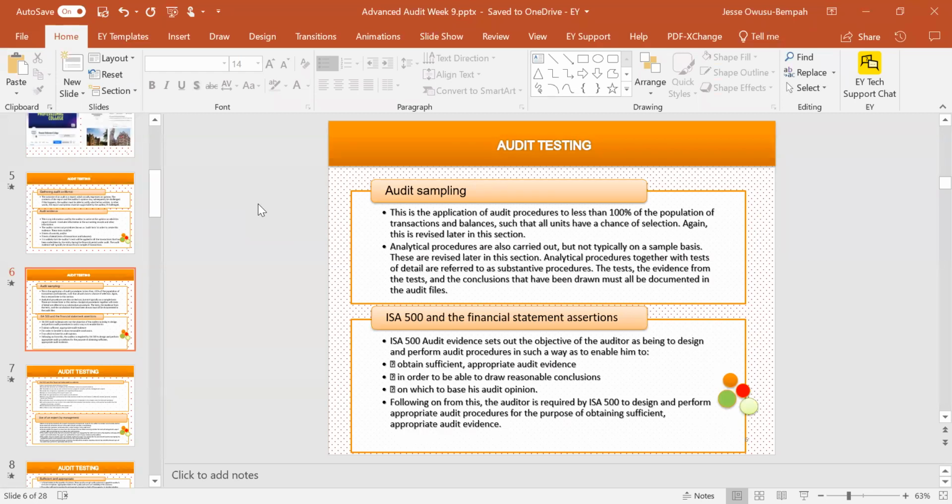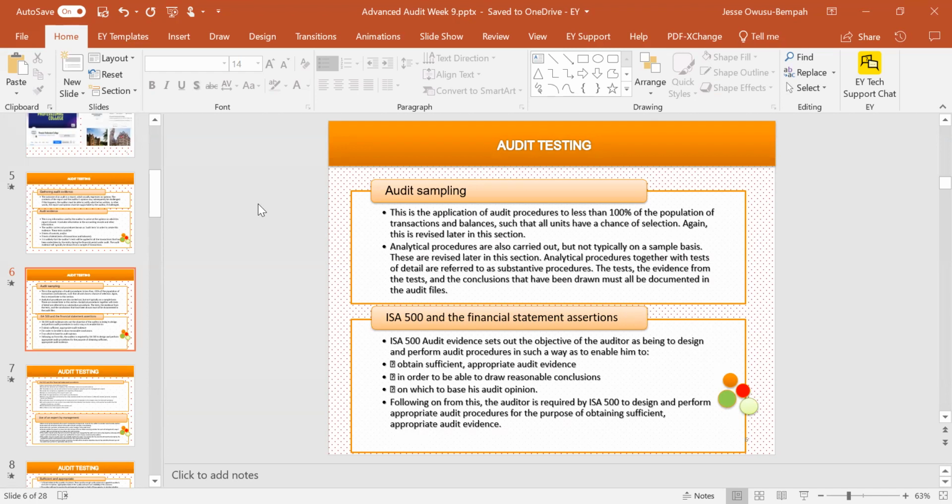In the same way, with audit procedures, the end goal is for the auditor to be able to give an opinion. So what are the series of steps they go through to be able to give the opinion? They will require sufficient and appropriate information. They will need to test that information and all that. So that's what we mean by audit procedures.